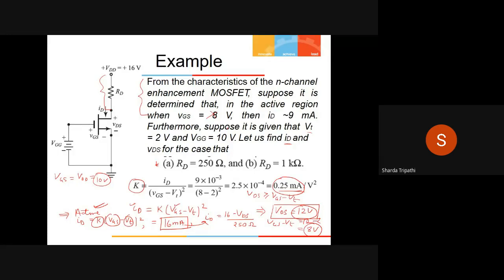Now, we see the second case where we have changed the value of drain resistance from 250 ohms to 1 kilo ohm. So in that case, what happens? Again, since we are not sure about which region the transistor is operating, we start by saying that let the transistor be operating in the active region. So if the transistor is in active region, then I know that drain current will be given by this formula.